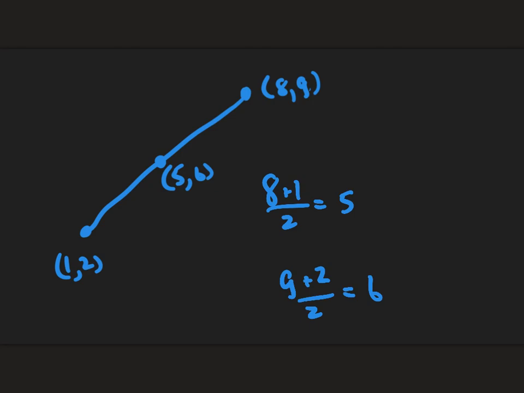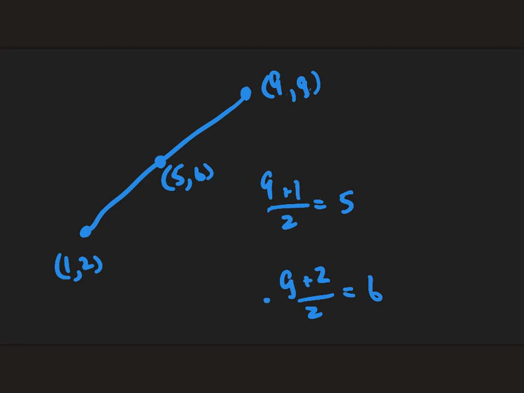They didn't, but I would just change that to 9. Let's change it to 9 to make it nicer because I didn't do a great job of picking a number that would be even. So now 9 plus 1 over 2 equals the 5. g plus 2 over 2 equals the 6.